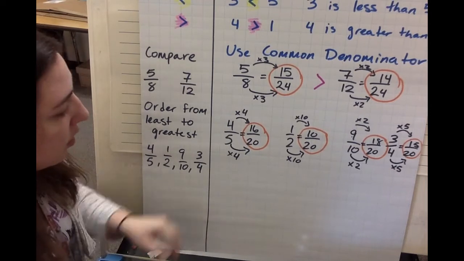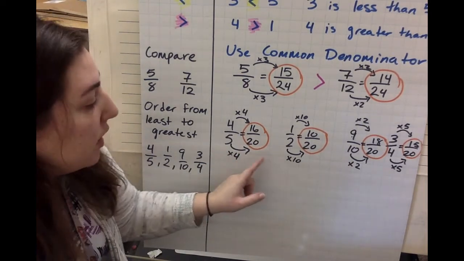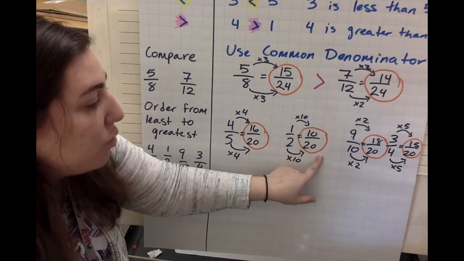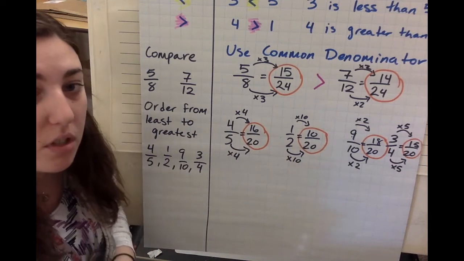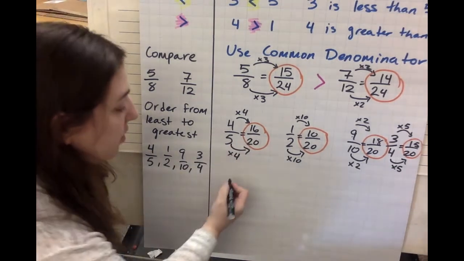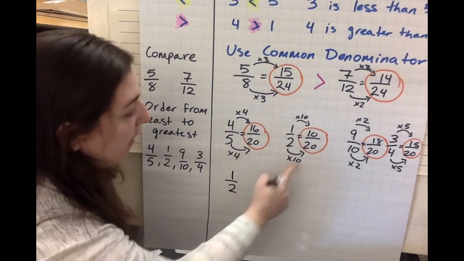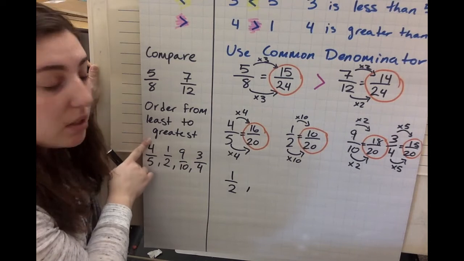So let's look for the smallest fraction. It looks like the smallest fraction is 10/20ths. 10 is less than all these other numbers. So I'm going to write half first. So half goes first.